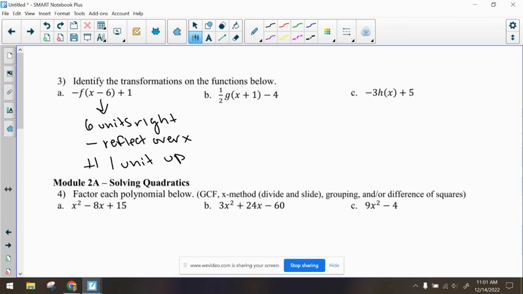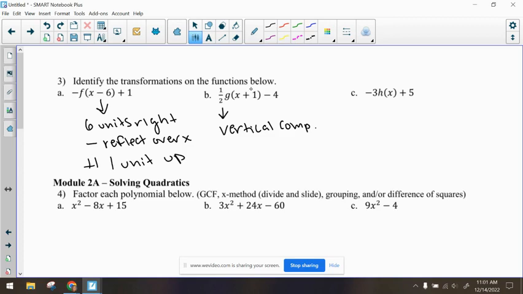Question B, I have a 1/2 in front. That is a vertical compression. When I think about the differences between a vertical compression and a vertical stretch, this one is a fraction between 0 and 1.